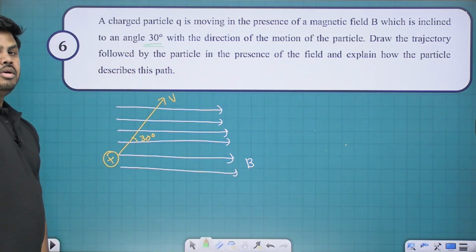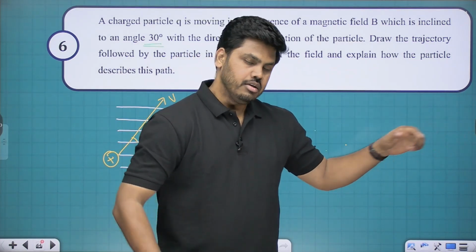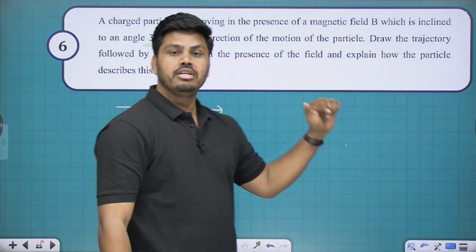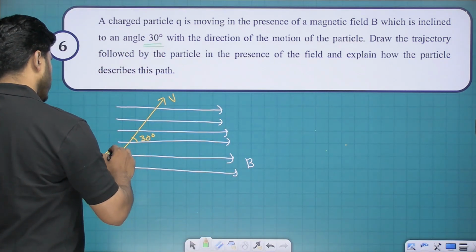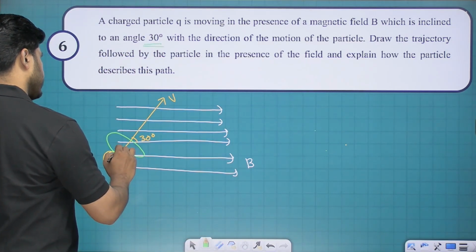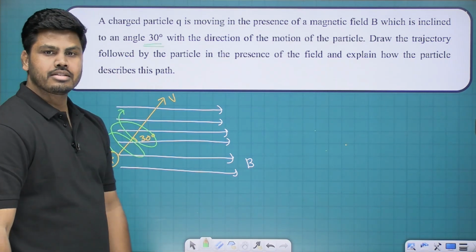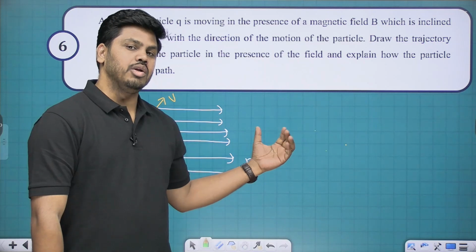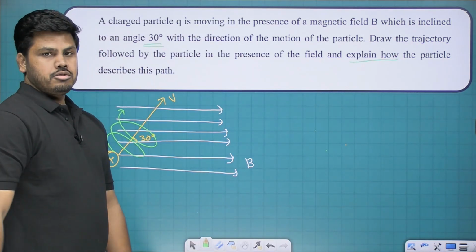We know if theta is equal to 0, I told you, it is an undeflected straight line path, for theta 90 degrees a circular path. If theta is any other angle other than 0, 180 and 90, it will follow a helical path. It will go helically like this. That is the shape of the path. And why? You are asked to explain how the particle describes this path.